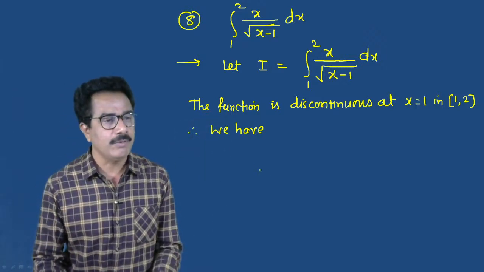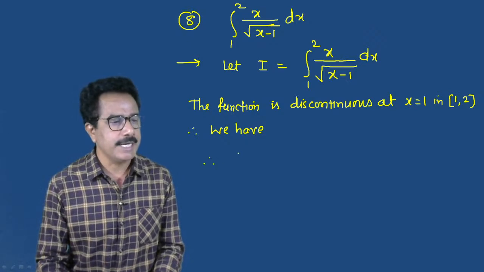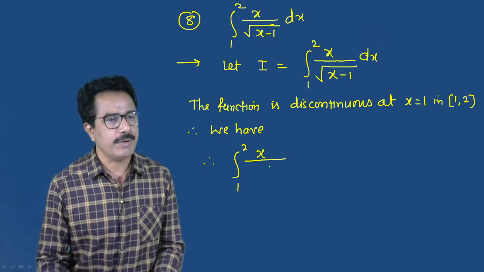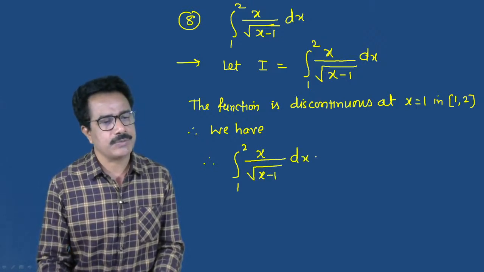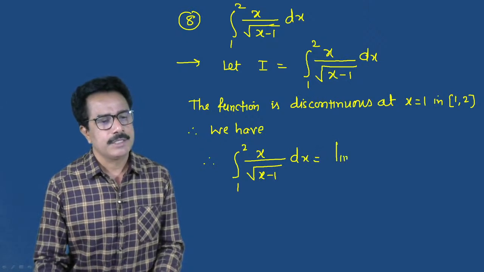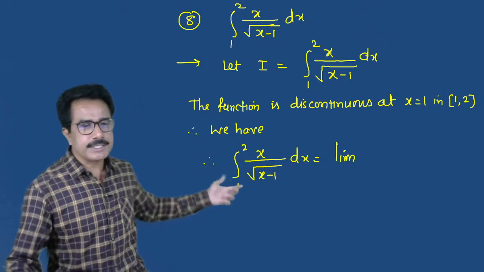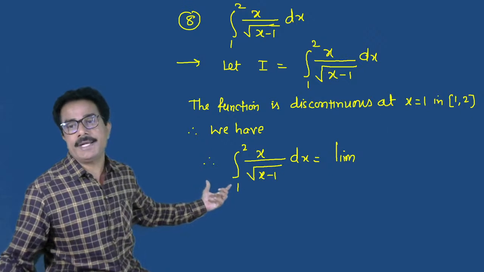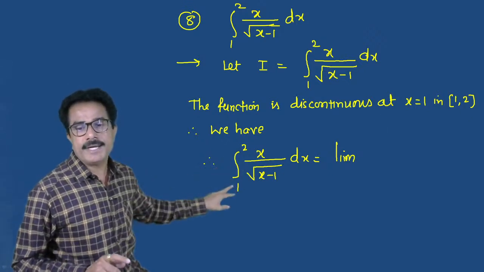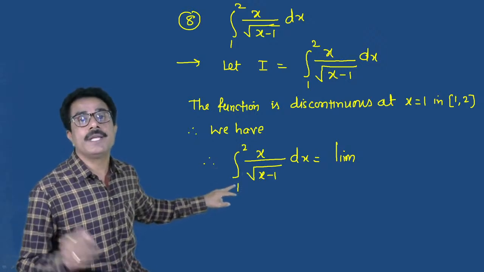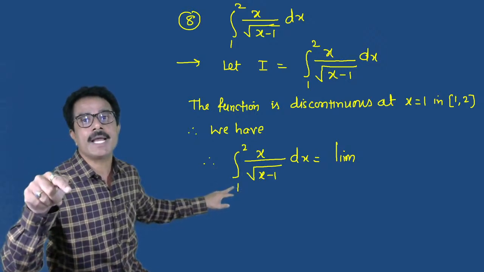Then we have this integral, integral from 1 to 2 x divided by root of x minus 1 dx, which is equal to, see this is improper at the left end. Note that this is improper at the left end, at the 1, so we have to take the limit over lambda.